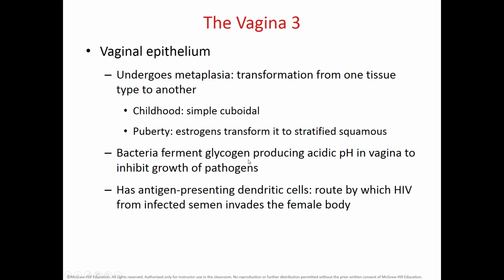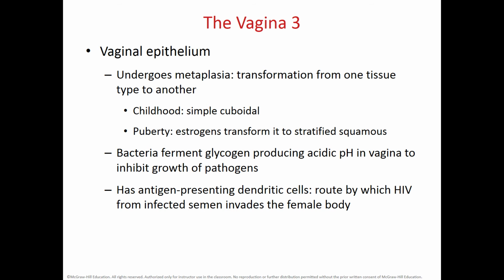So before the reproductive stage, the vagina does not have stratified squamous epithelium, but it has simple cuboidal epithelium. So during puberty, when estrogen levels are high, this epithelium will become stratified squamous. Why stratified squamous? Because it's a type of epithelium that is more protective than simple cuboidal. And during the reproductive stage, penetration of the penis, if the female is sexually active, will require this epithelium to be stronger.